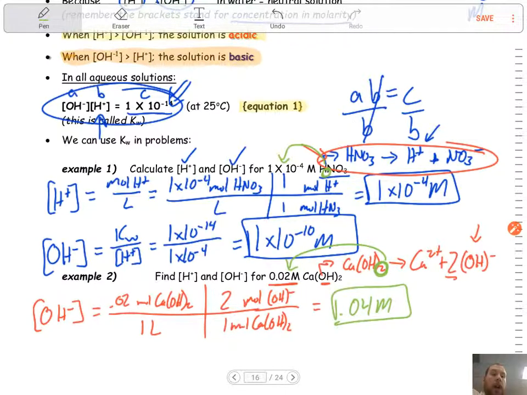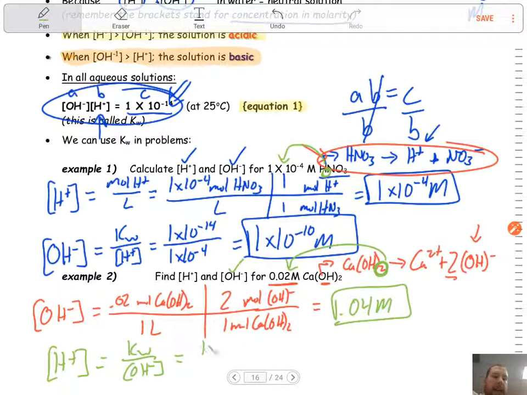All right, so notice right away, just by looking at the substance, you're going to find one of the concentrations pretty quickly and pretty easily. The other one is where you have to use the Kw formula. So in this case, Kw divided by my hydroxide concentration, because I just found that.